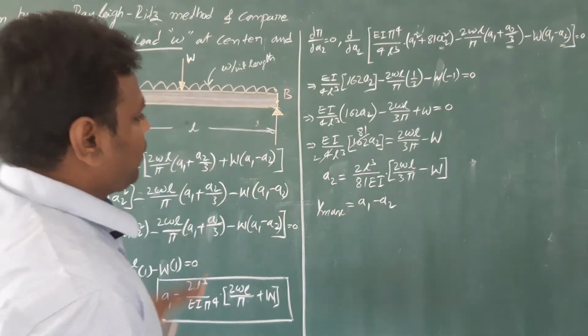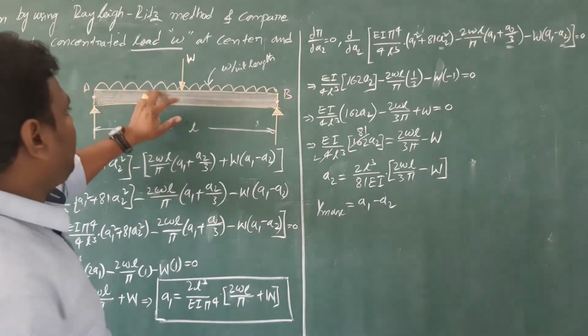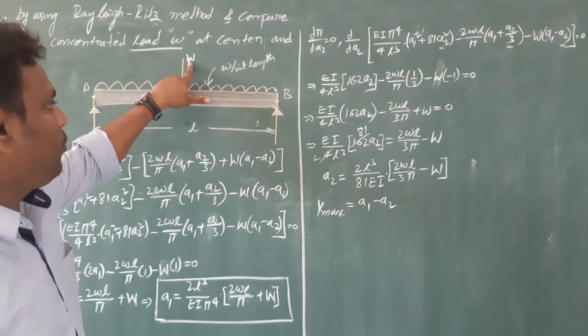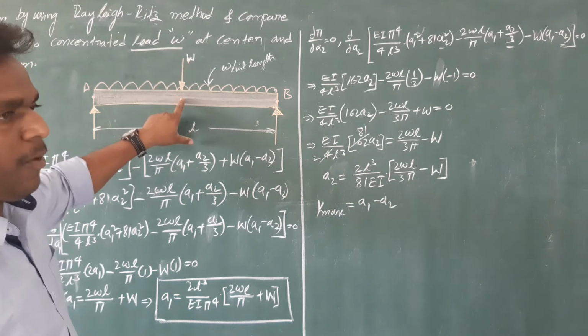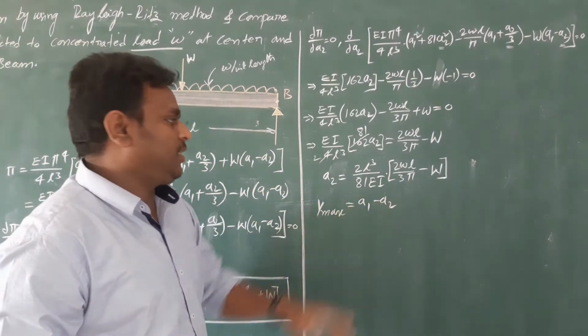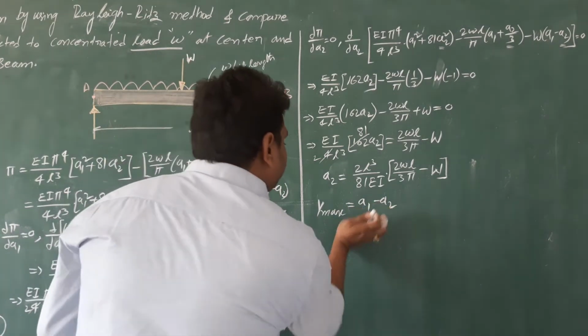Now that is the UDL. Here applying UDL and point load, both the loads are applied at midpoints. That's why maximum deflection occurs at y max equals A1 minus A2 here. Now substitute the A1 value and A2 value here.